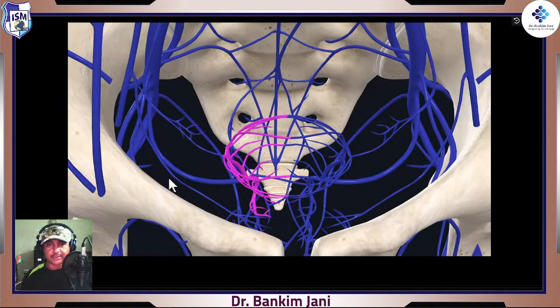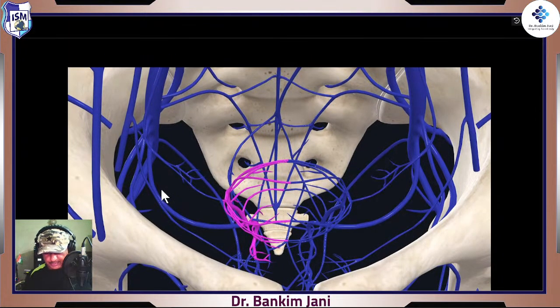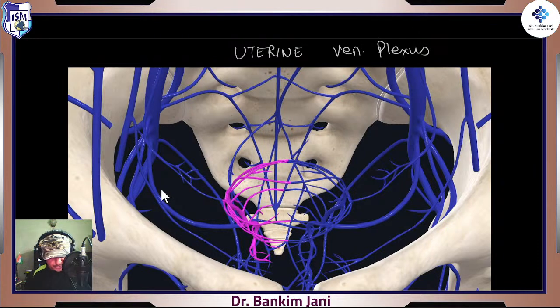Right? Just at this level, this is the uterine venous plexus. And it would be draining into the uterine vein, and it will be draining into internal iliac, right?